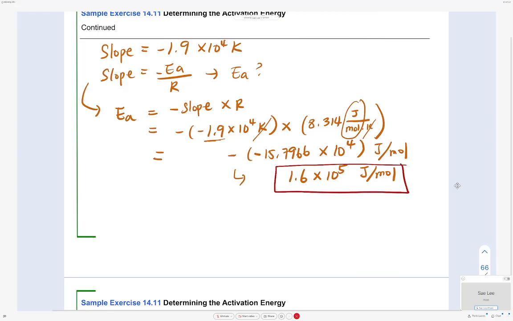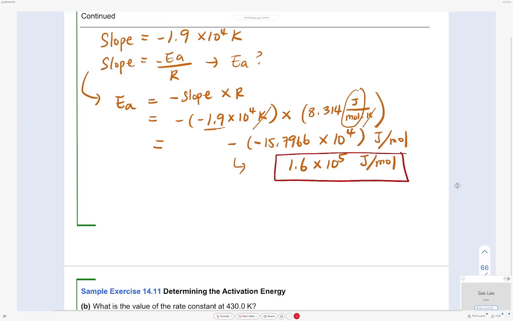The SI unit for energy is joule, so joule per mole is perfect enough. But let's say the question asks you to provide the answer in kilojoule, can you convert? I will show you a quick conversion, but this question specifically did not ask us to convert and provide answers in kilojoule. I'm just showing you in case the exam asks for the conversion.